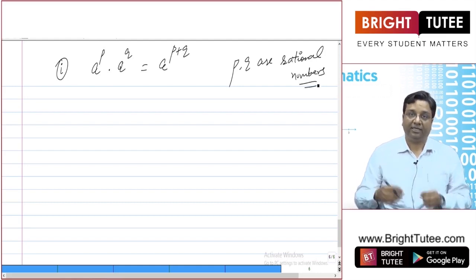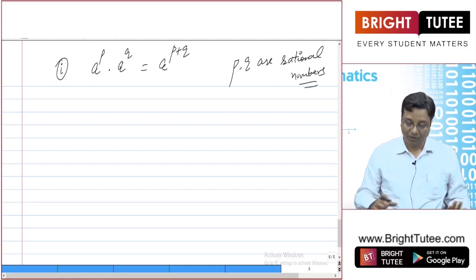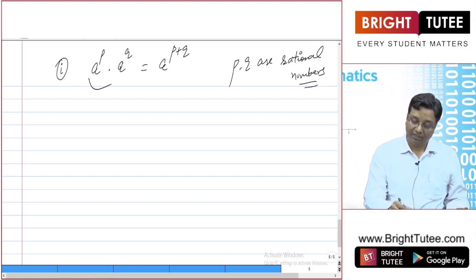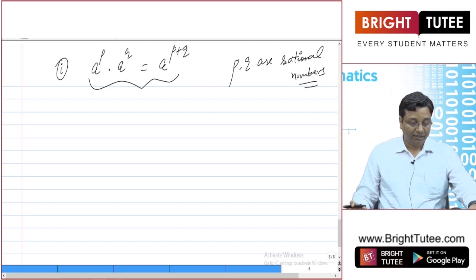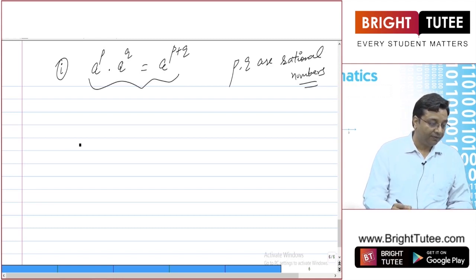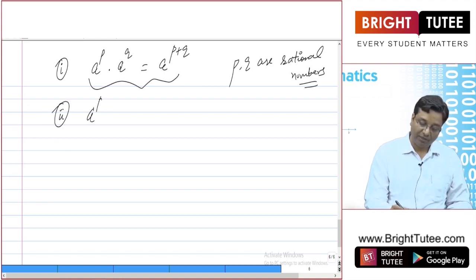Be it natural numbers, be it fractions, for all these numbers, these laws of exponents will be valid. Let us write the rest of the laws. A raised to power P raised to power Q can be written as A raised to power PQ.